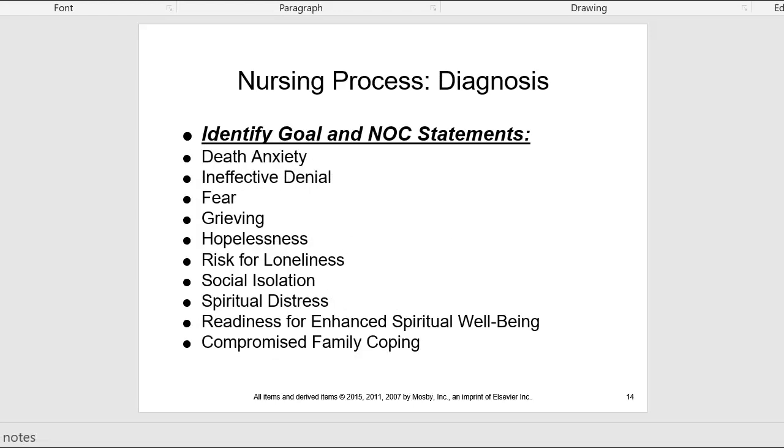Some common nursing diagnoses: death anxiety, ineffective denial, fear, grieving, hopelessness, risk for loneliness, social isolation, spiritual distress, readiness for enhanced spiritual well-being, compromised family coping are just some examples.